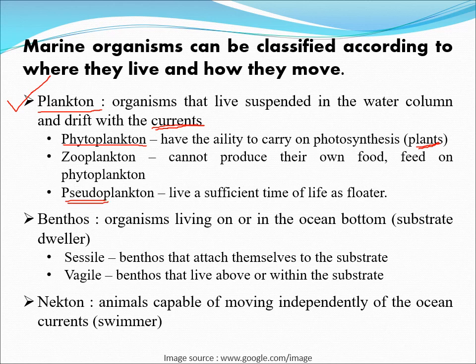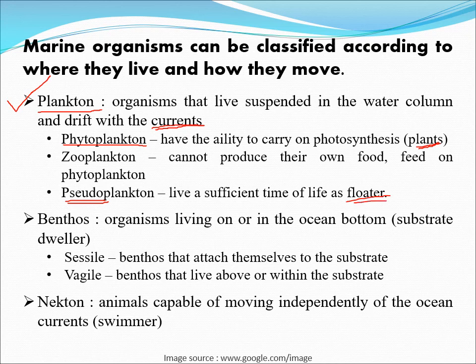So pseudoplankton means organisms whose original mode of life may be of another kind apart from the planktonic, that means they are not floaters, but during their entire lifespan they live some amount of time as planktonic, as floater.